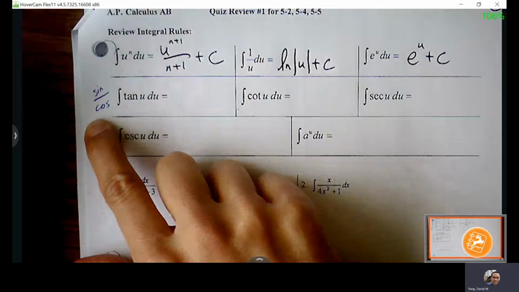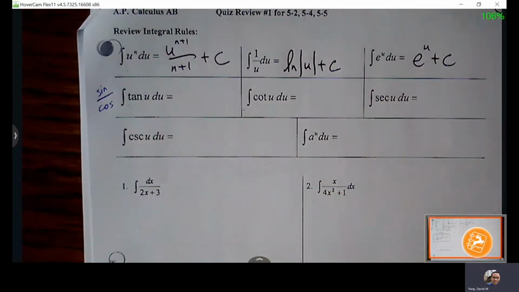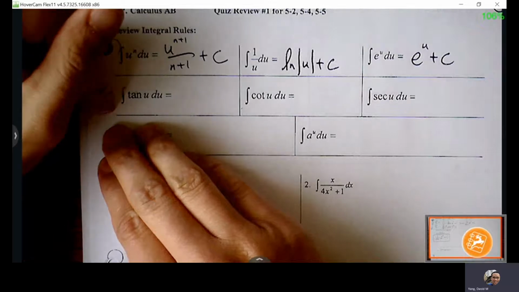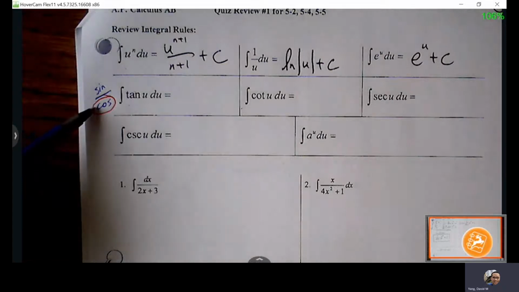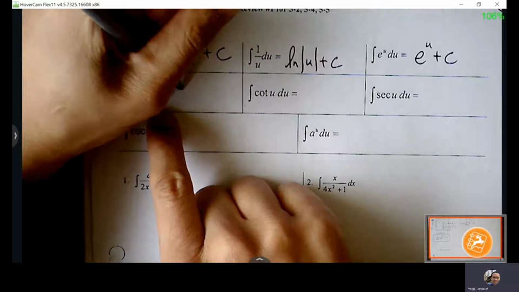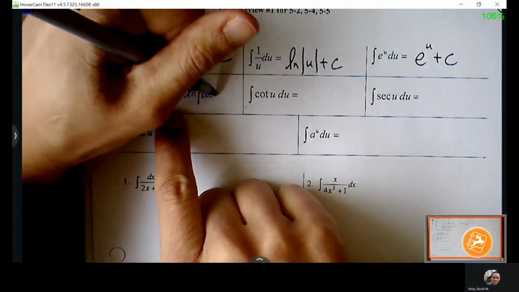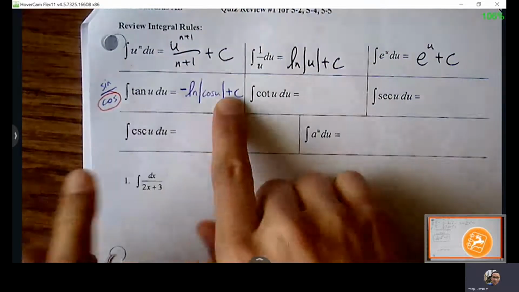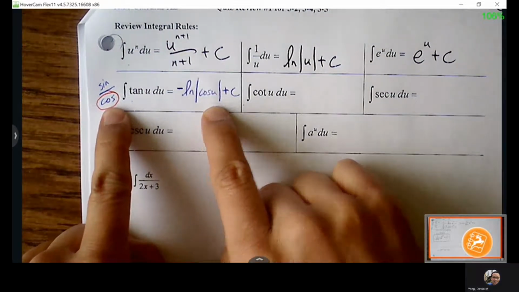And we learned that if I think of it as sine over cosine, when I go to use substitution, I'm going to target the denominator. So that's what shows up in the rule. It's natural log of cosine of u plus c, but cosine produces a negative derivative. So that's why there's a negative in my antiderivative. Okay, so that's how I remember the tangent rule.